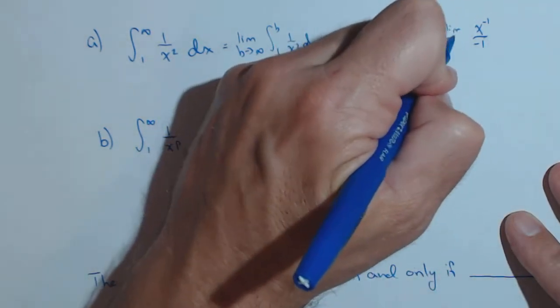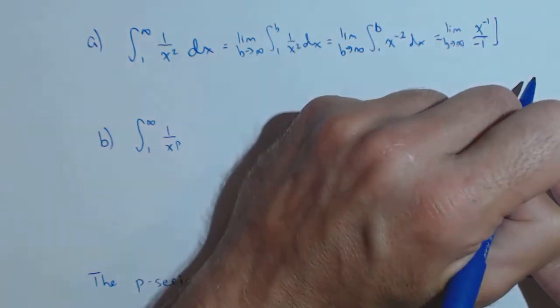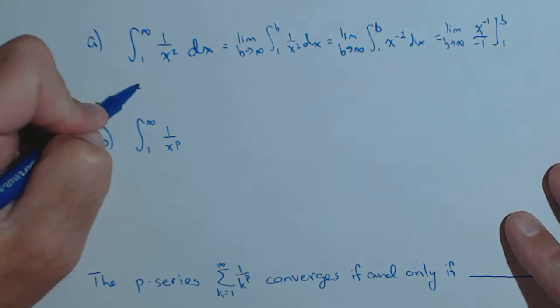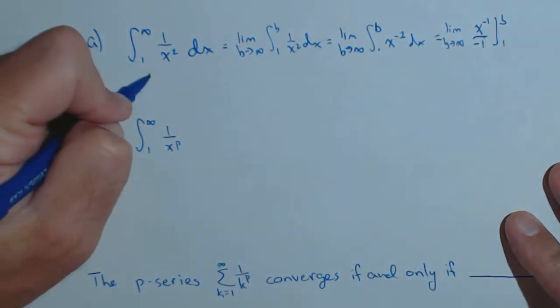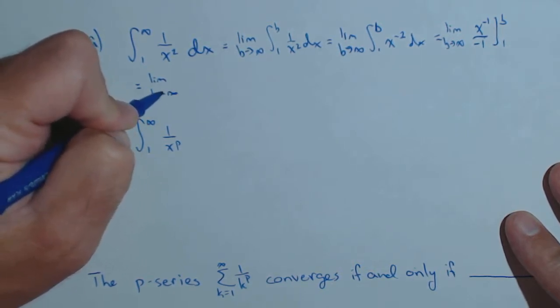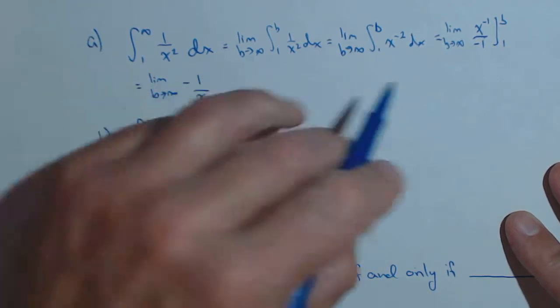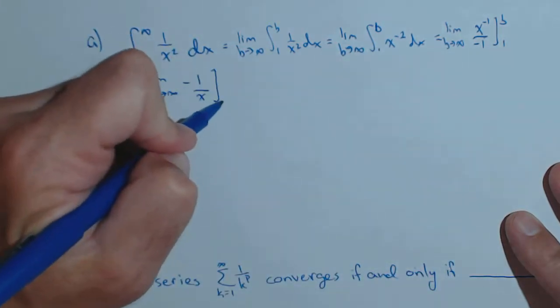Now we still are going to be taking the limit as b goes to infinity, and we still need to incorporate our limits, which are 1 to b. At this point, it may be easier to rewrite this with a positive exponent. So we're looking at the limit as b goes to infinity of negative 1 over x, because it's an x to the negative 1, from 1 to b.